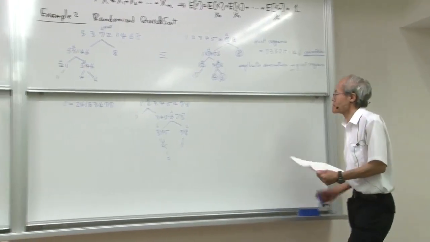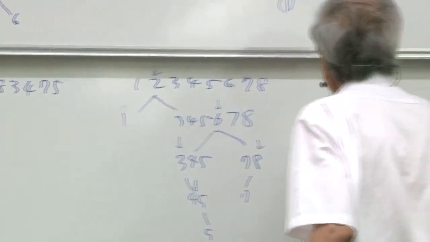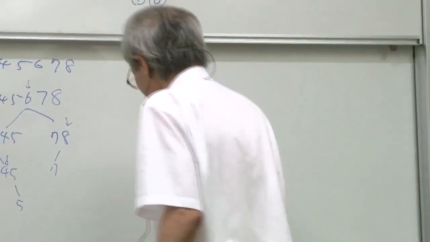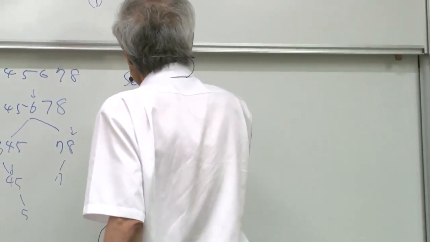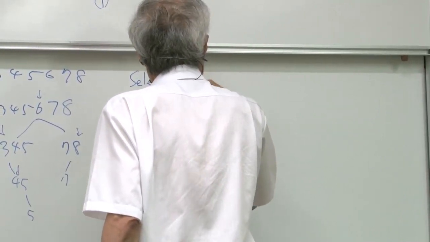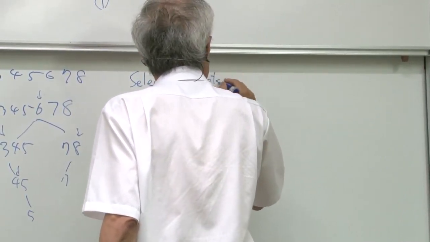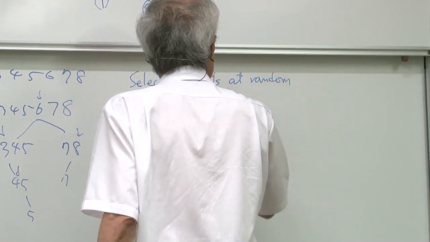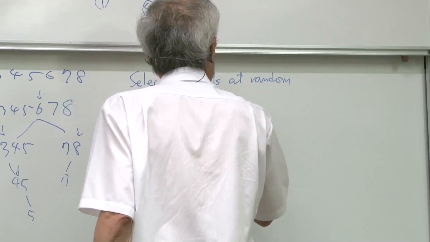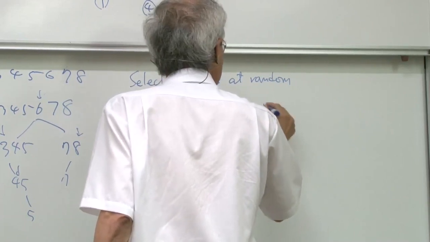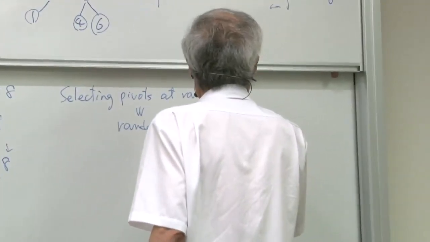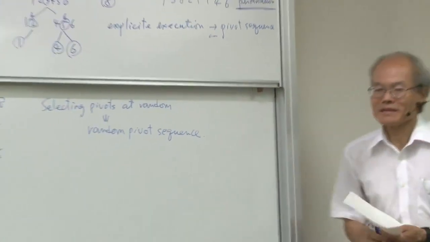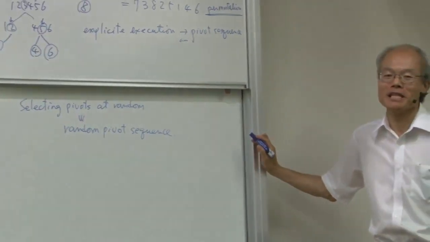Okay. Suppose that. So selecting pivots. We assume this is almost obvious, but maybe we need some assumption.